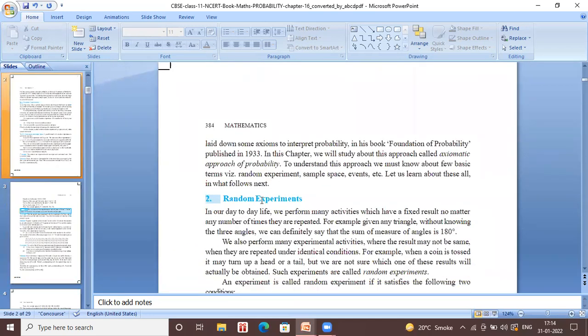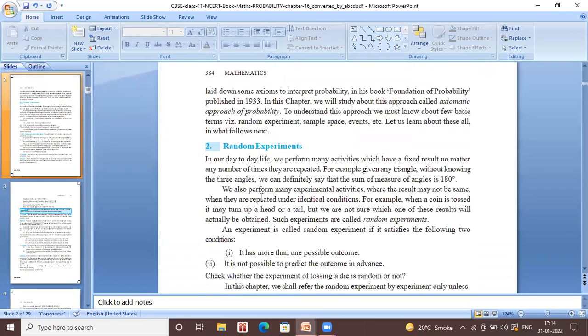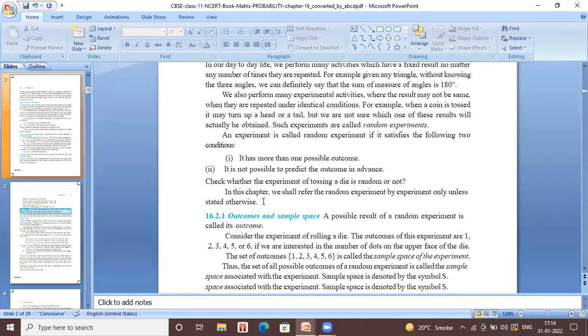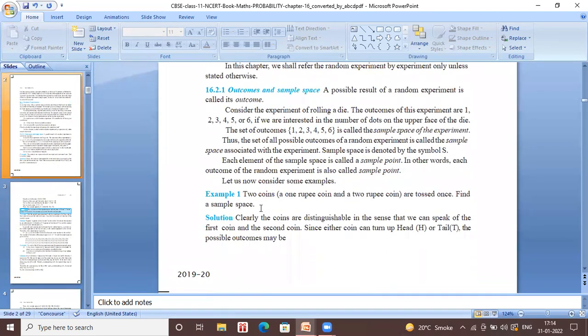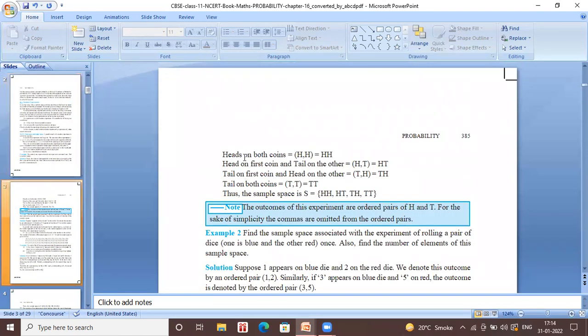Clearly, the sample space is head head, head tail, tail head, and tail tail. Head on both the coins; another is one coin shows head and the other shows tail; another is tail on the first coin and head on the other; and both coins show tail.